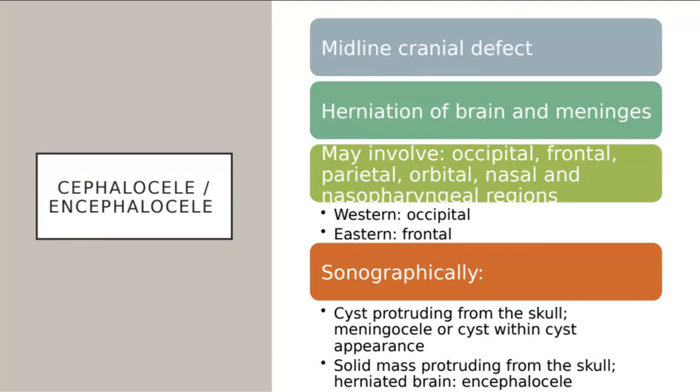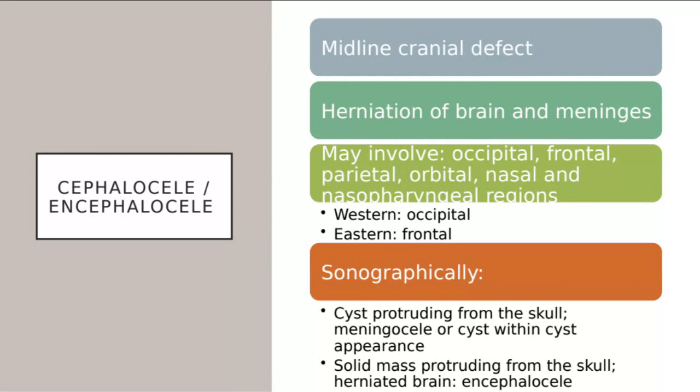Next, we have cephaloceles, also known as encephaloceles. Either term is acceptable. These are another sort of cranial defect, so an abnormality with the development of the bones. Basically, our bone had some sort of separation when it should have fused.